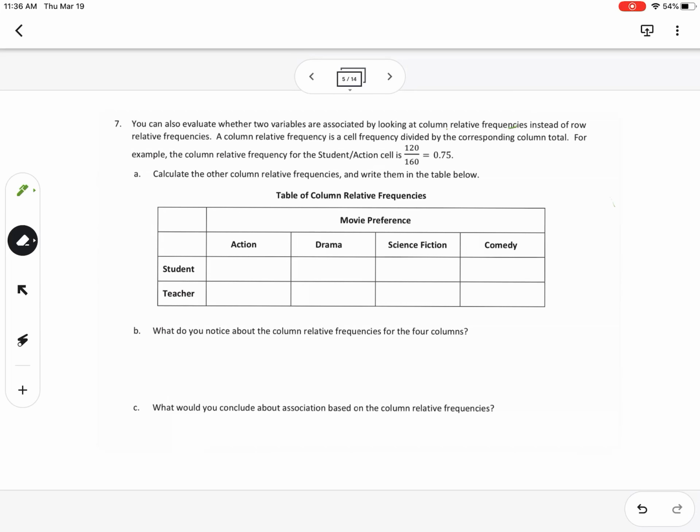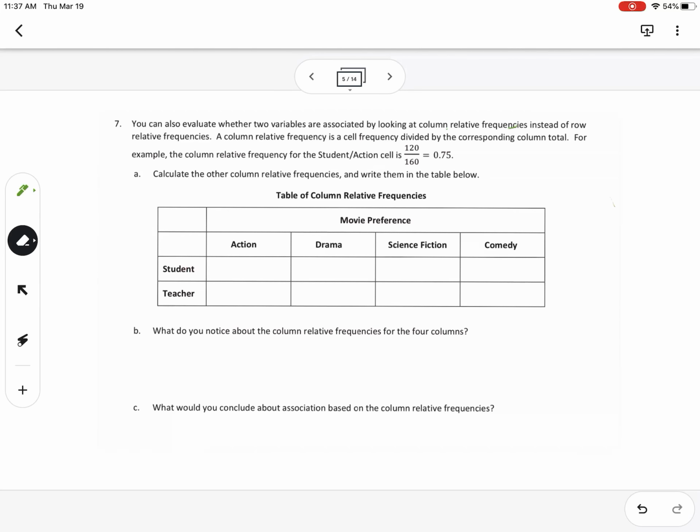It says a column relative frequency is a cell frequency divided by the corresponding column total. For example, the column relative frequency for the student/action cell is 120 divided by 160, which gets 0.75. So this is what this means.